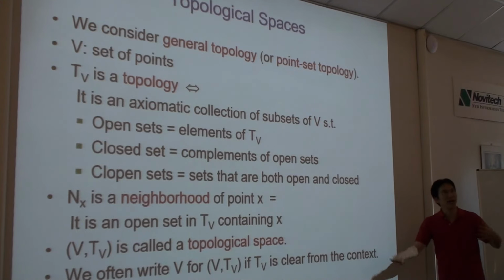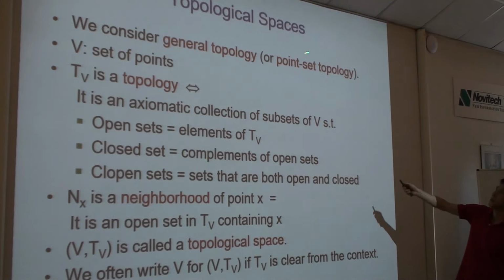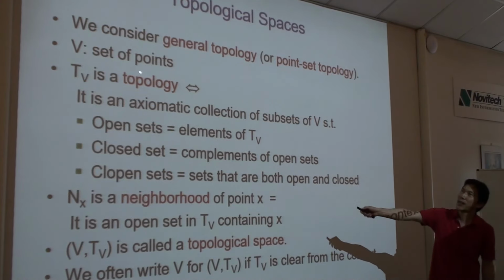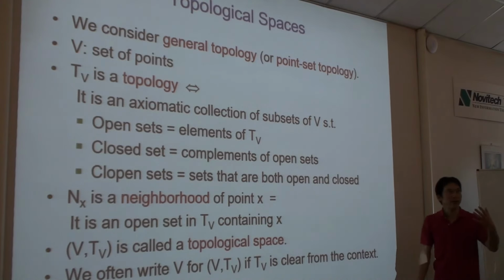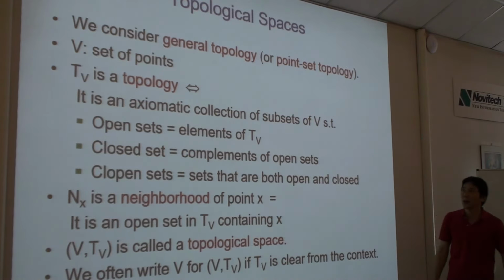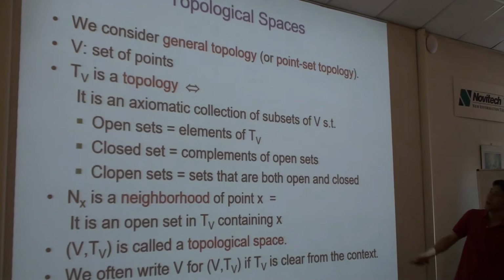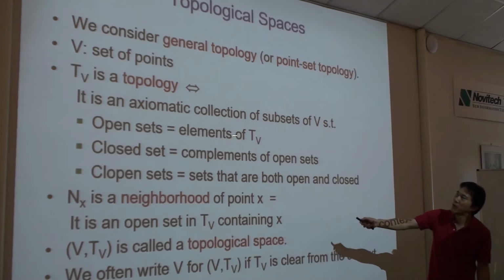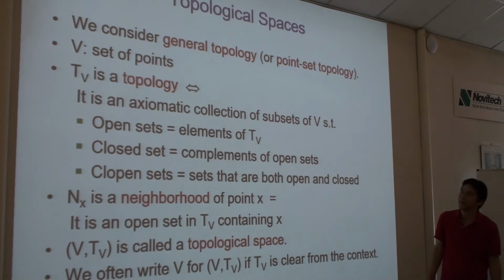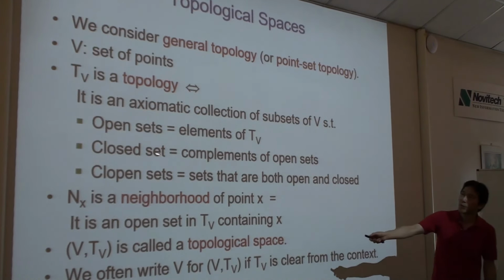There are several different kinds of topology, but another word for general topology is point set topology, so everything is based on points. Assume we have a set of points, and the topology refers to an axiomatic collection of subsets of the point set. Each element of this T sub V, the topology, is called an open set. The complement of an open set is called a closed set.